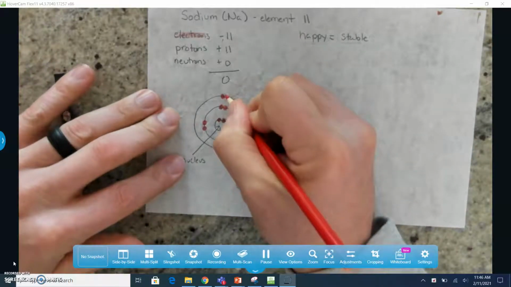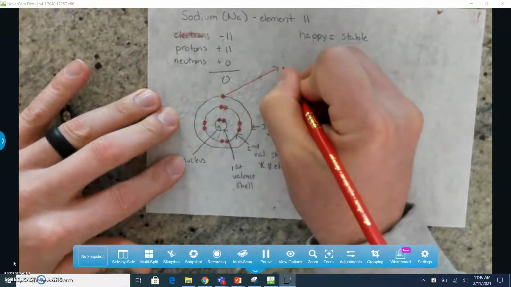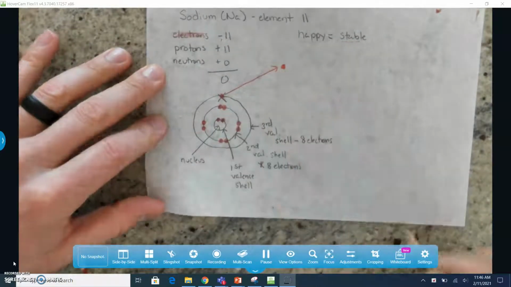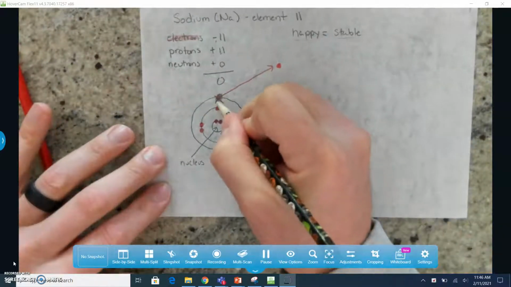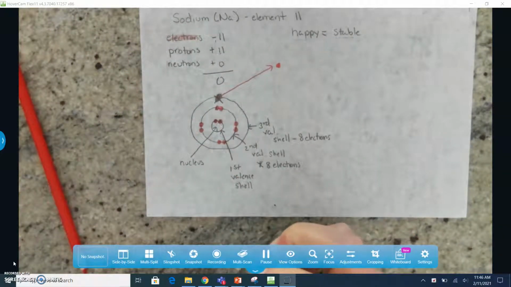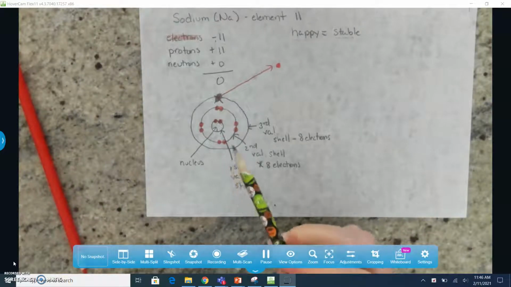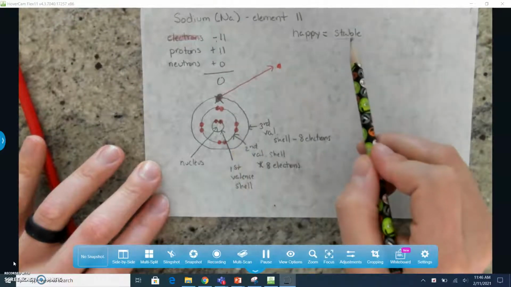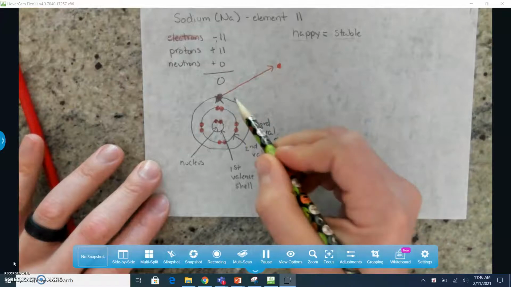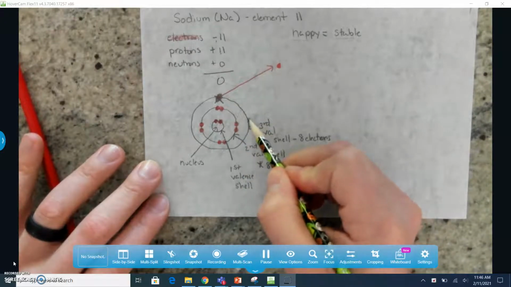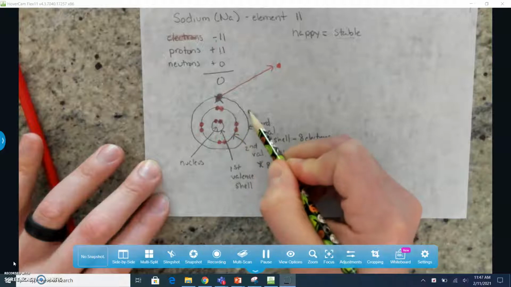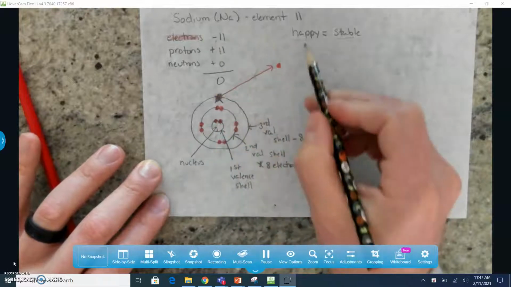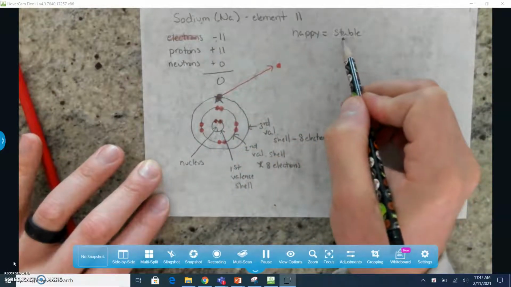So what's going to end up happening is this electron detaches from that atom. So now what we're left with is an atom with its outermost valence shell now full, because if this goes away, so does this valence shell. Now this is the outermost one. This one doesn't count because there's no electrons there. It's full. Now sodium is happy because it's stable.